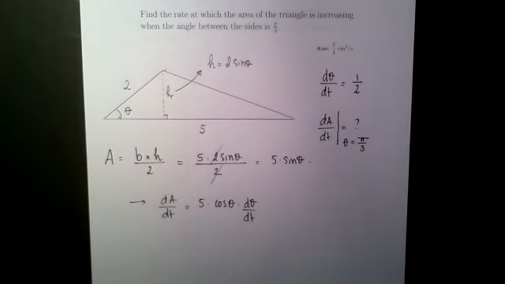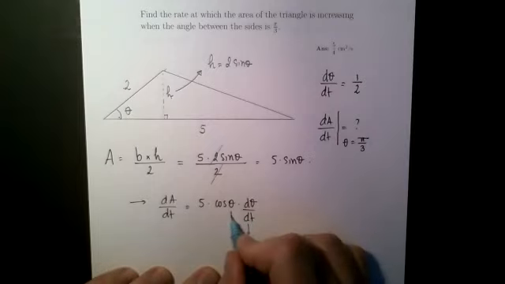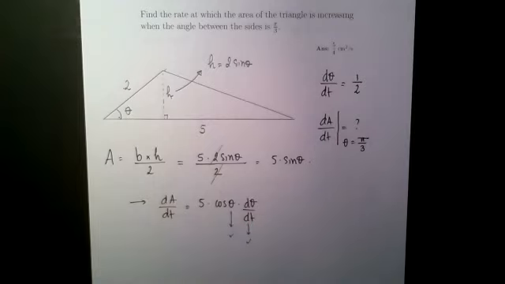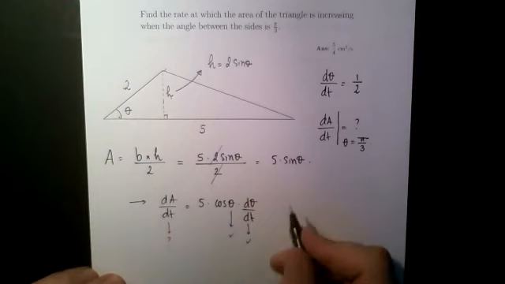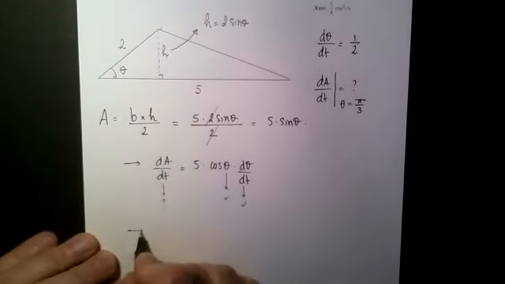Okay, let me see what we know. So d theta dt, we know what that is. Theta, we know what that is. And dA dt is what I'm looking for. So that's it. Pretty much straightforward.